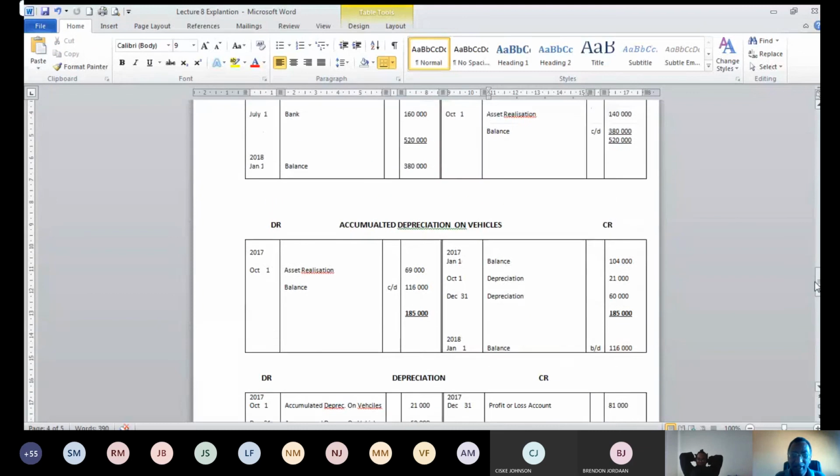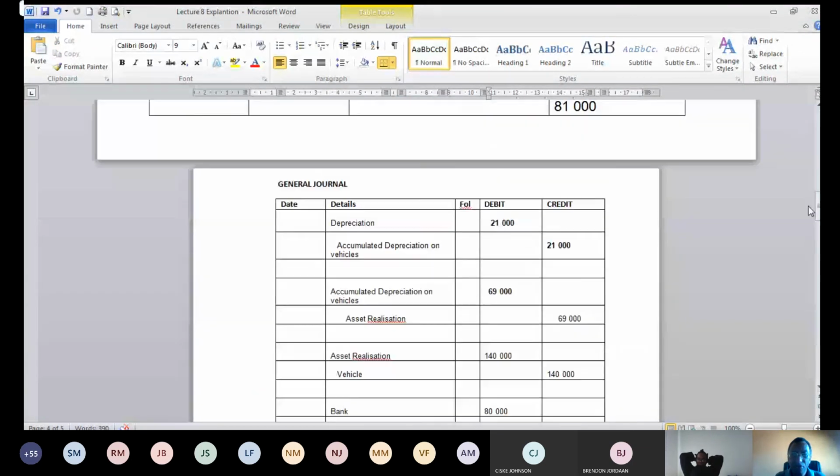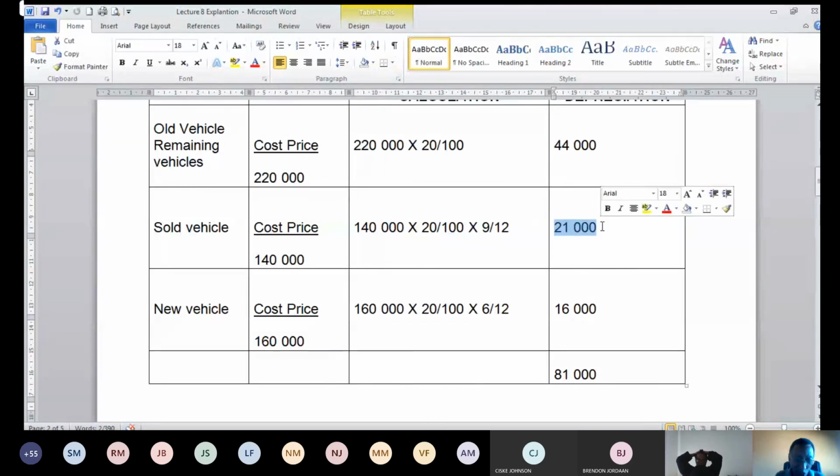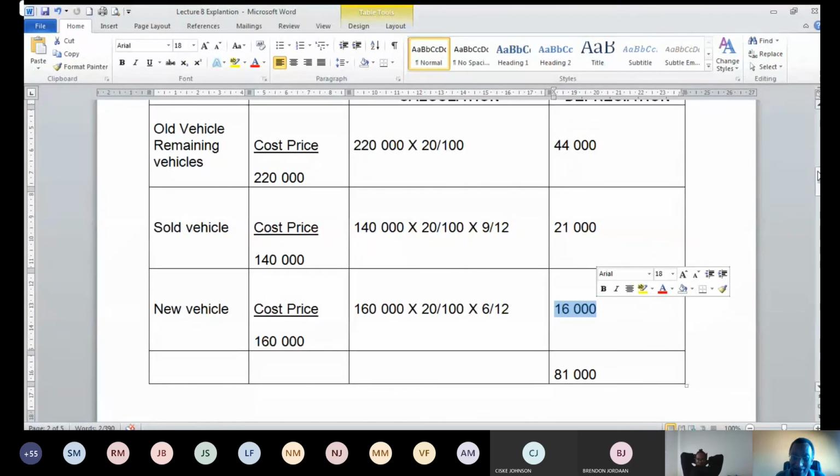Remember, we've worked out the depreciation expense for the year was 81,000. The 21,000 we have already recorded in the books of the business on the 1st of October. The 44,000 and the 16,000, which will give you the 60,000 Rand, you will only record that at the end of the financial year.